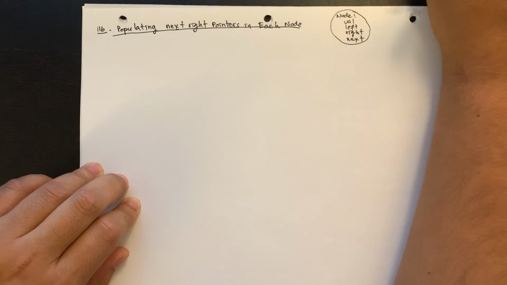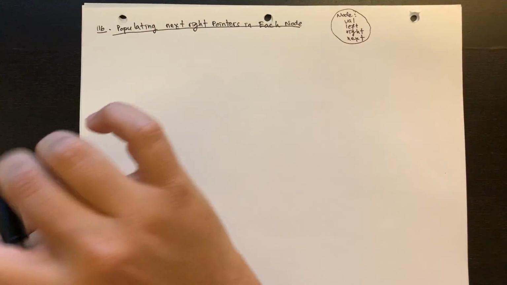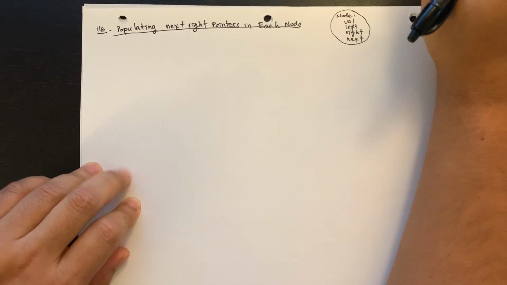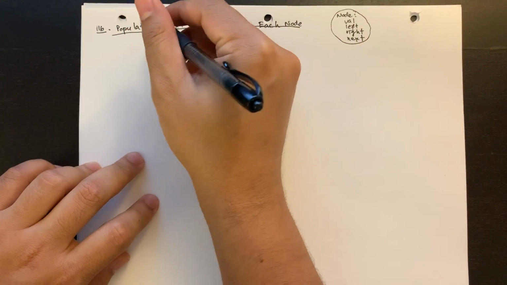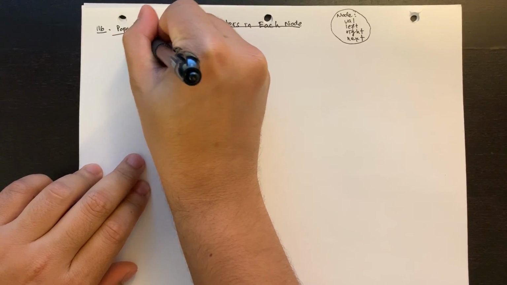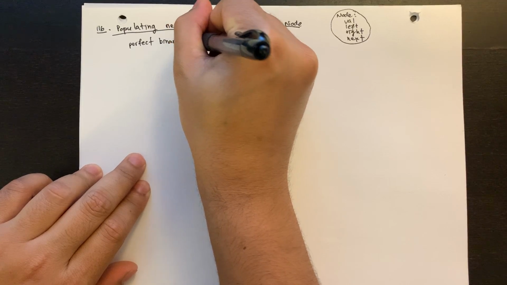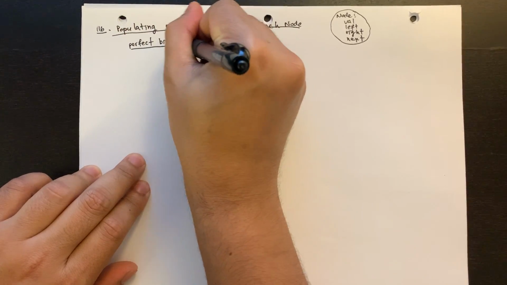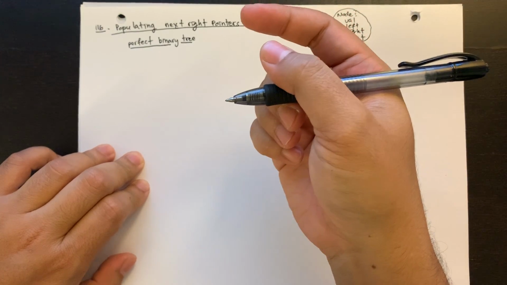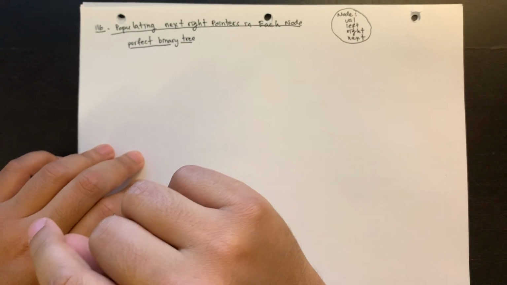Okay, let's look at the example. One key hint is it is a perfect binary tree. It's always good to clarify this with the interviewer, because different books define perfect binary tree differently.